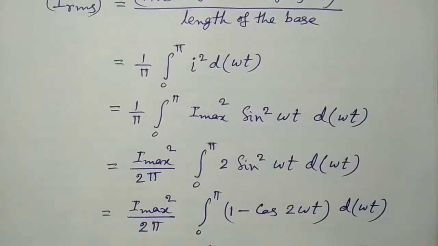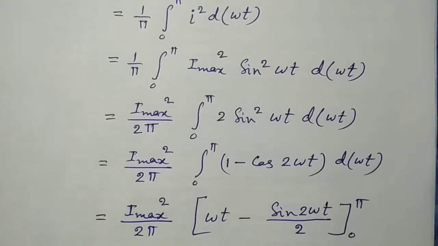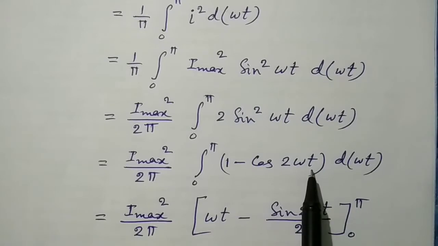Now 2 sine square omega t can be written as 1 minus cos 2 omega t. So in the next step, we integrate this value 1 minus cos 2 omega t with respect to d omega t. So it will be omega t minus sine 2 omega t upon 2.